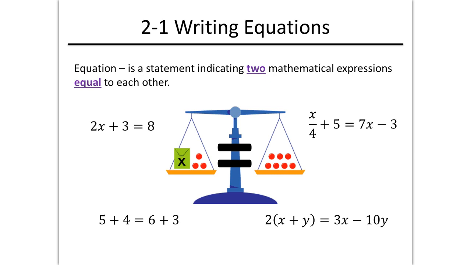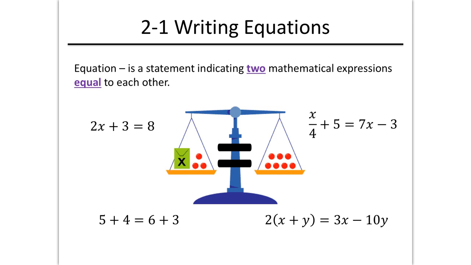You have one side with a mathematical expression, and the other side is going to equal that mathematical expression. And the way that a balance scale works is the weight on one side has to equal the weight on the other side so it can be balanced. So you guys have the same weight on each side of these balance scales.